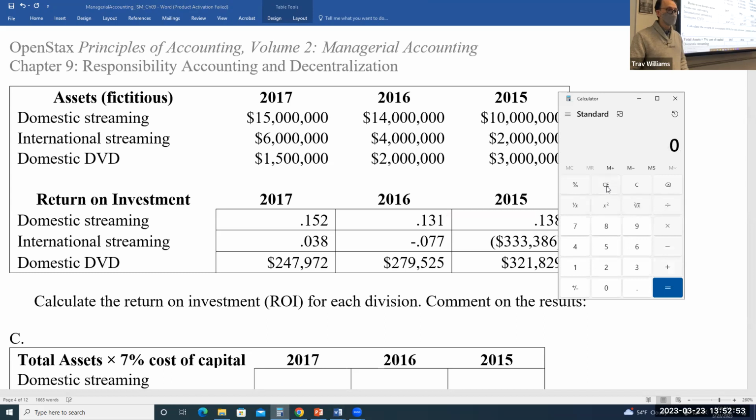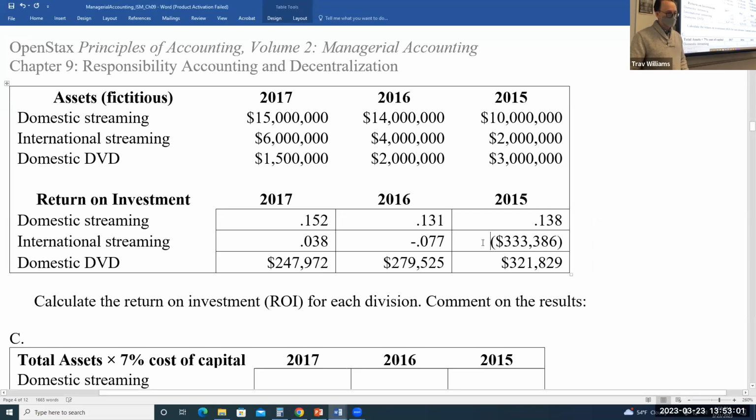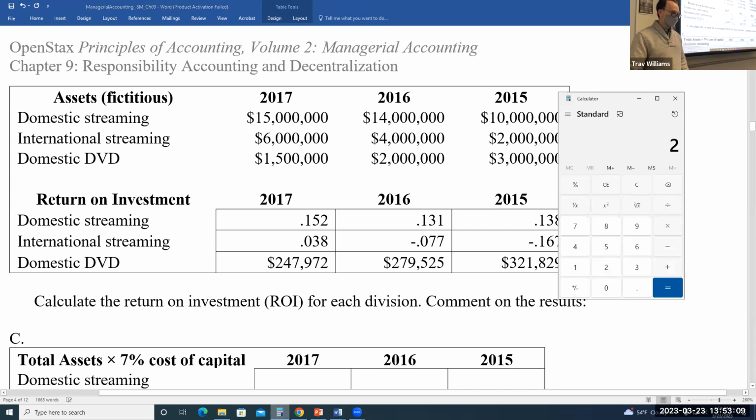And then we've got another loss. Negative 16.7. Okay, 16.5.